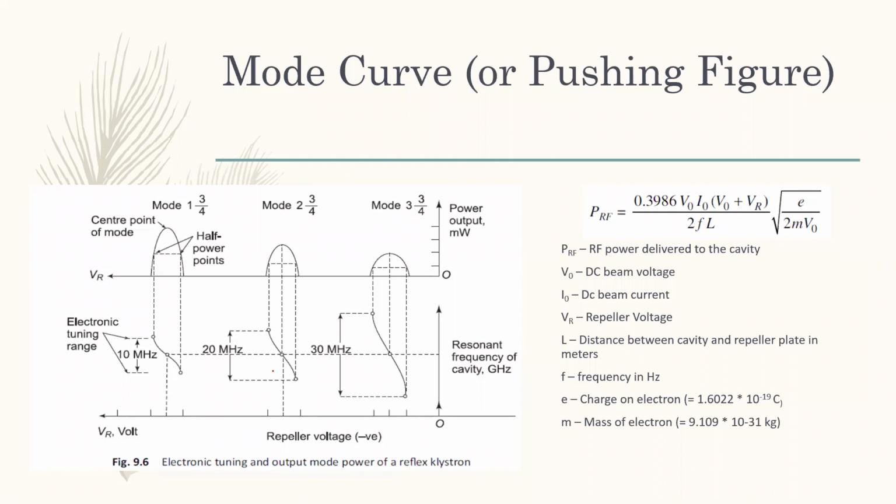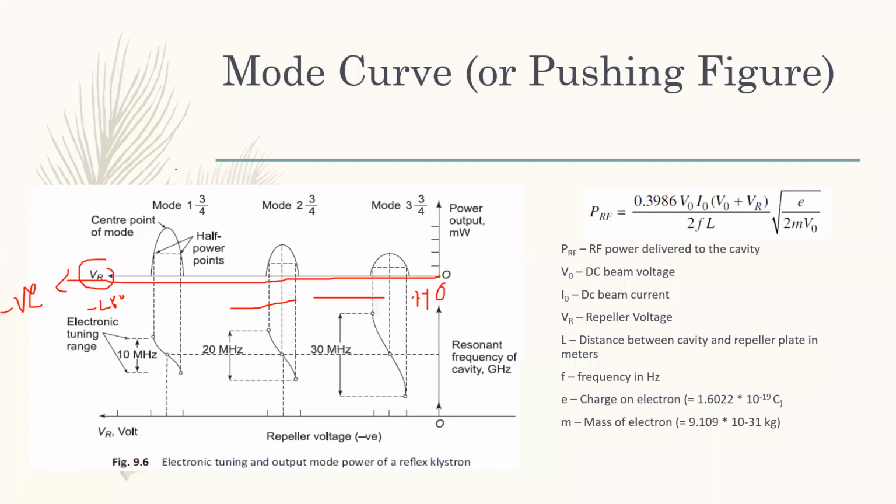Now here, remember this voltage, what we are taking at the other end, is actually in the negative direction. So it will be like 0, -1, -10, and so on, say -250. So it is in the negative direction. That is, repeller voltage is negative.